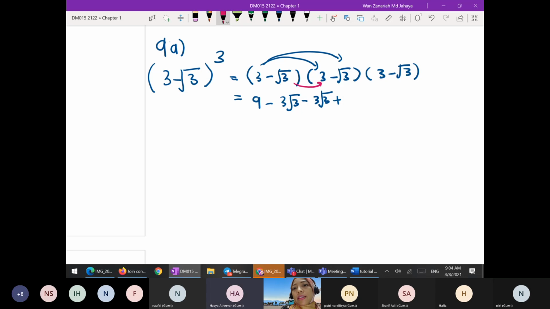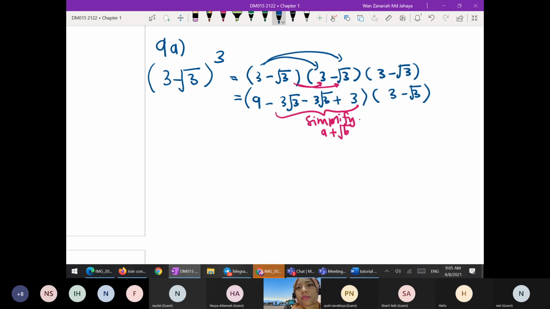Ini term yang ketiga, set ini 3, adalah term yang keempat. So negative plus set 3 becoming 3. So ini jangan expand dulu, simplify dulu. Okay, this part kena simplify dulu. Mesti simplify dalam bentuk A plus set B.